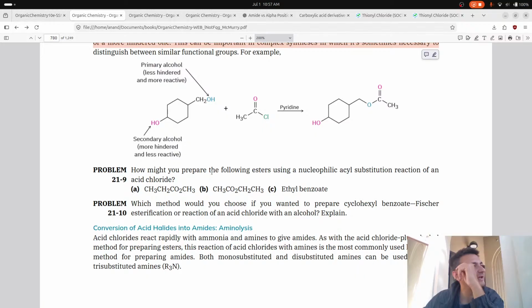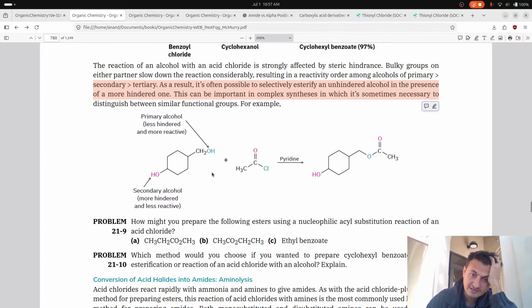So propanyl chloride. Let's try it out. Then we're going to react this with an alcohol, which is going to be methanol. Is that all we need? We literally just need the two things together and that's it? I think that's true.